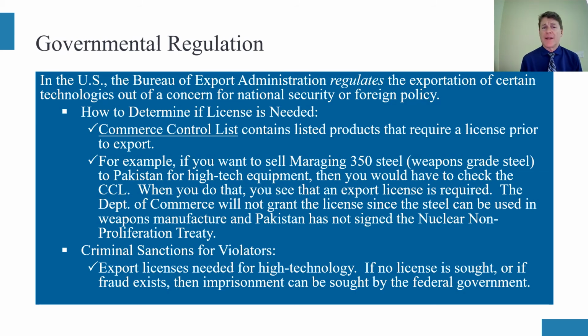If you want to sell it to, let's say, Pakistan or some other country where there's more concern about it getting out of the control of the country that's trying to procure it, then that would be very challenging or maybe impossible to get a permit or license to ship it to those regions of the world. So you see the different perspectives and interests we have. Sometimes we're trying to protect our own businesses that exist here in the United States. Sometimes we have a greater interest when it concerns national security.